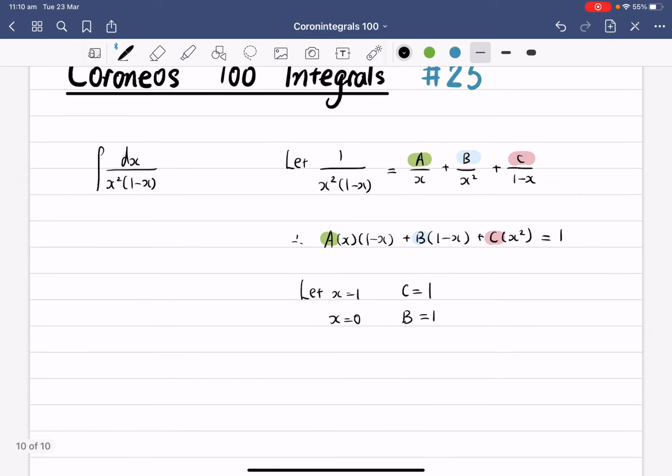All right, once you finish that, what we are going to do is let x be another number. So we can let x equal minus 1. So we're going to get minus 2a plus 2b and plus c is equal to 1.